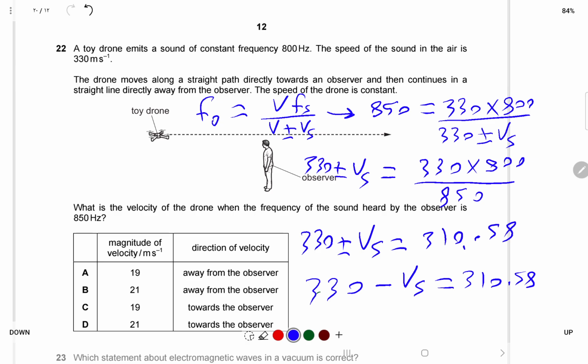If you do the math here, you get the correct answer, which is option C. The magnitude of the velocity is 19, and this is from the equation, and towards the observer, because we have chosen the minus sign. Minus sign means towards the observer, and the calculation gives you 19.